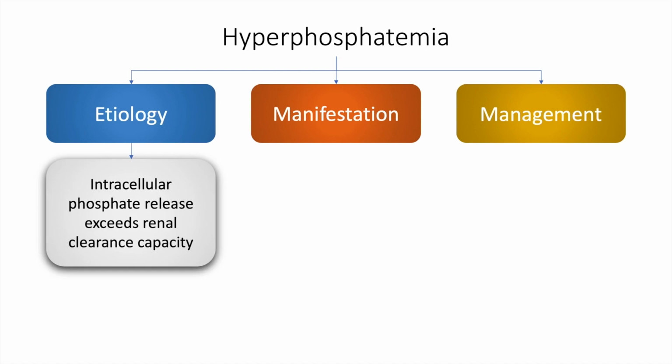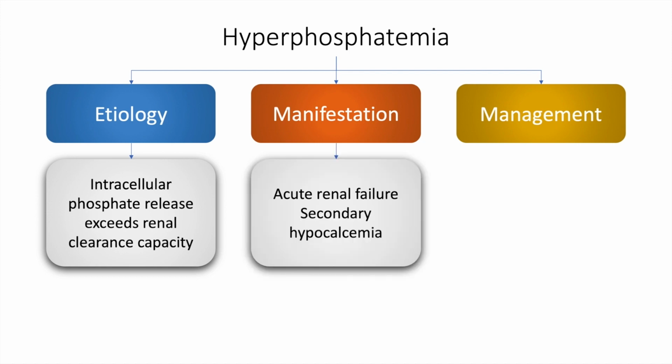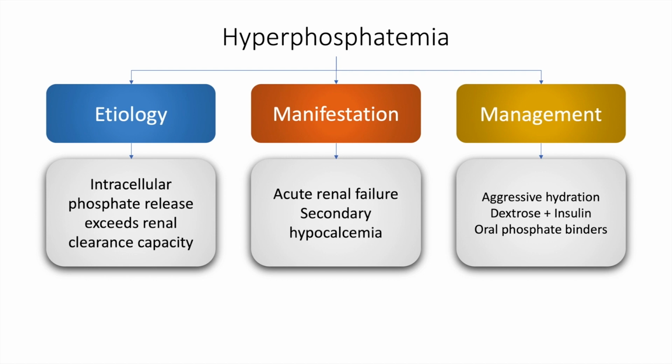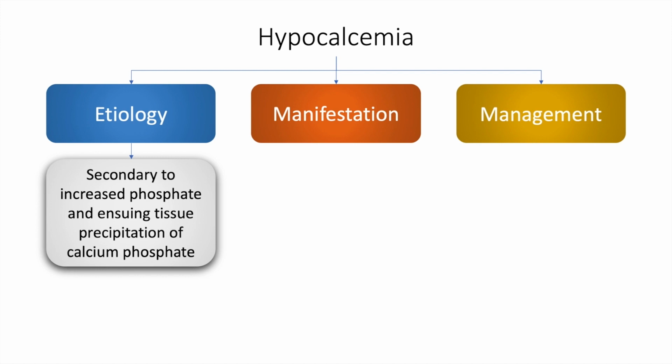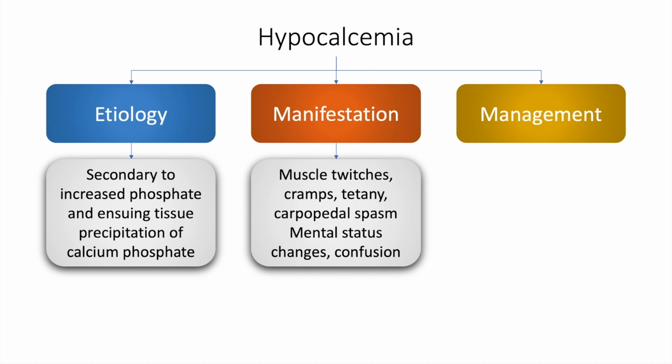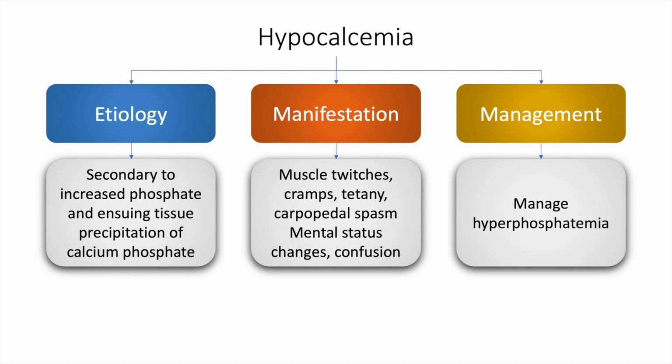Hyperphosphatemia is caused due to intracellular phosphate release, and the accumulation rate exceeds the renal clearance capacity. Hyperphosphatemia can cause acute renal failure and secondary hypocalcemia, and it is managed with aggressive hydration and dextrose and insulin infusion. Hypocalcemia is caused due to increased phosphate and precipitation of calcium phosphate, as already discussed, and can cause muscle twitches, tetany, carpopedal spasm, and mental status change, and is managed by managing hyperphosphatemia.